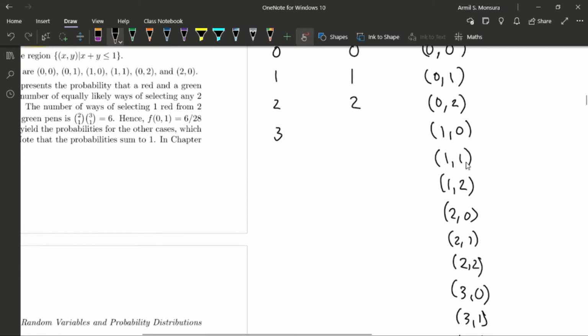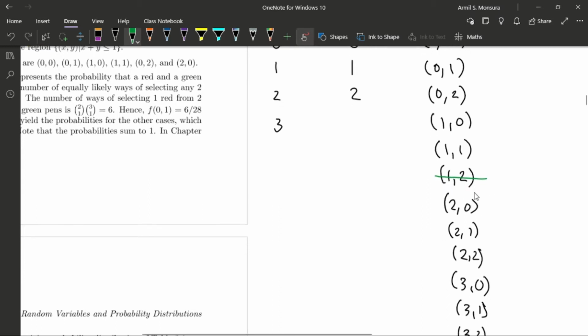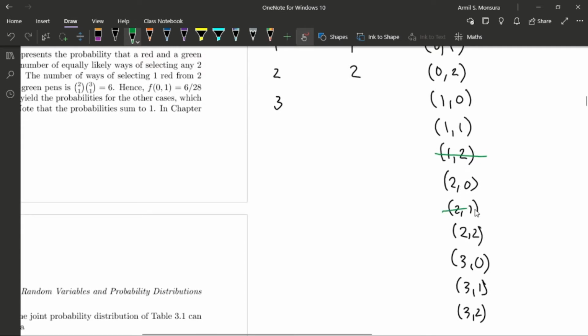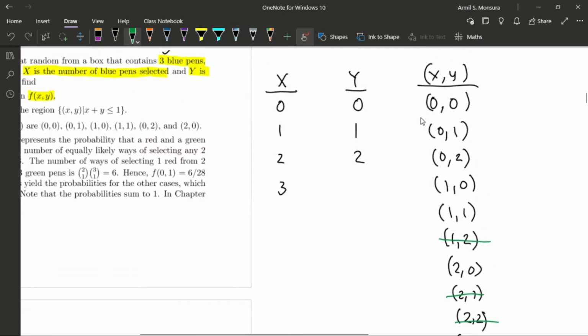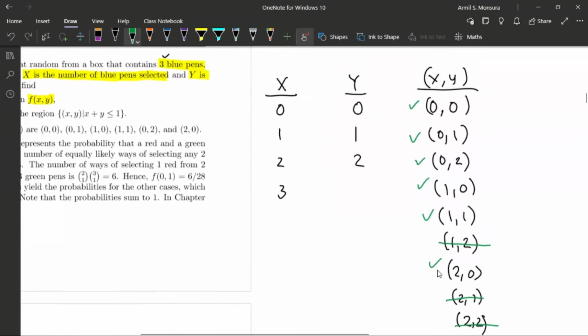Ito hindi pwede to. This should not be included because this chooses 3 pens, 1 blue and 2 red. Dalawa lang yung pipiliin natin. So we have to eliminate that from the sample space, as well as this one, this, and this. So therefore, these are the possible paired values for your xy.